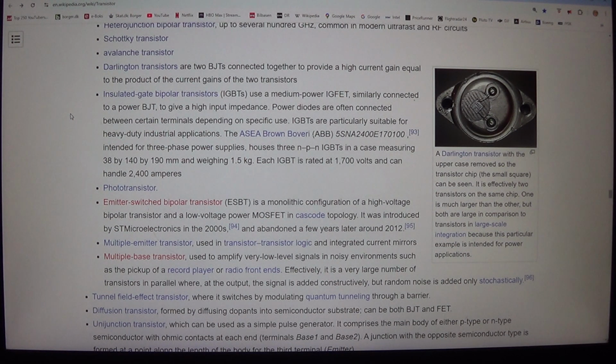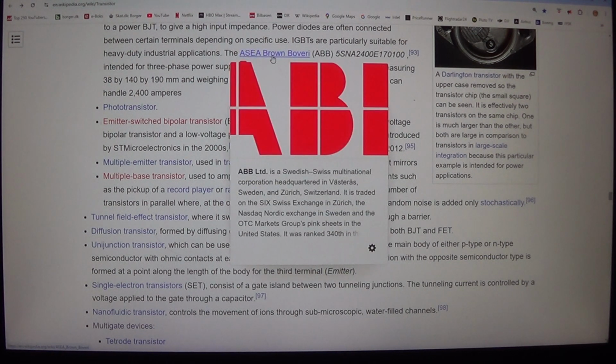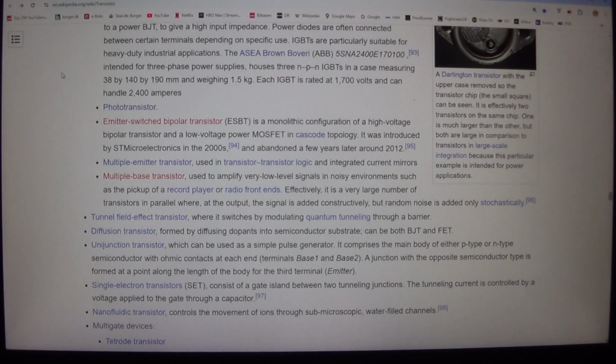The ASEA Brown Boveri, ABB, 5SNA 2400E170100, intended for 3-phase power supplies, houses 3 NPN IGBTs in a case measuring 38 by 140 by 190 mm and weighing 1.5 kilograms. Each IGBT is rated at 1700 volts and can handle 2400 amperes.